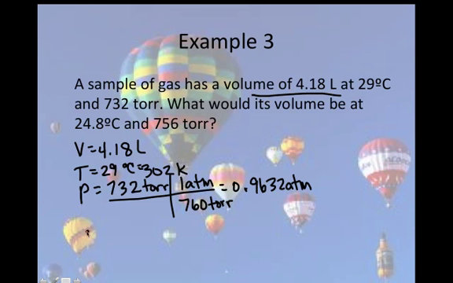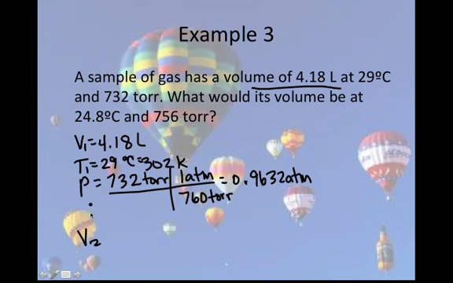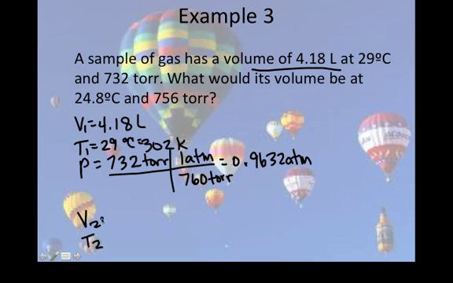Now it's asking, what would its volume be at? So now we have a V1 and a V2. And we also have a T1 and a T2. So what would its volume be is what we're going to try and find out. At a temperature of 24.8 degrees Celsius, 297.95.